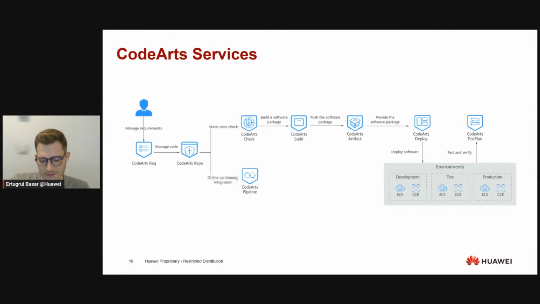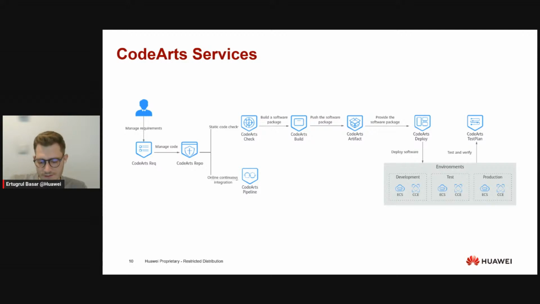if we desire, a static code check can be done with the help of CodeArts Check, and afterwards the code is built. These builds are stored in a place called CodeArts Artifact, and when it comes to the deployment phase, the deploy package under the artifact is deployed in the specified environment, which is usually ECS or CCE, and afterwards the verification process begins, and for this, testing can be performed with the CodeArts TestPlan service.